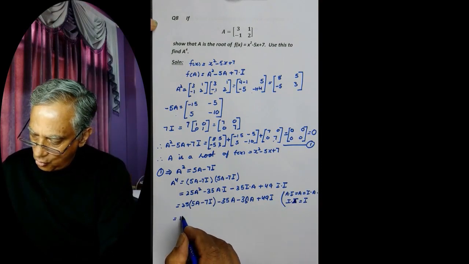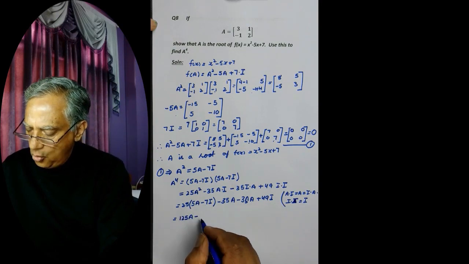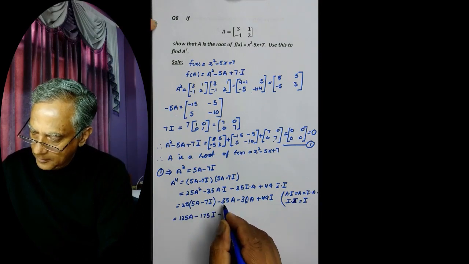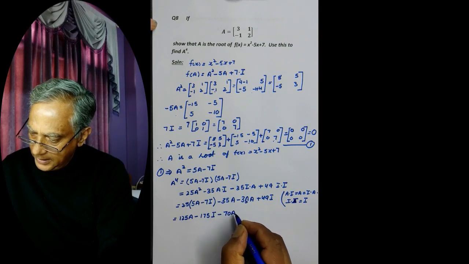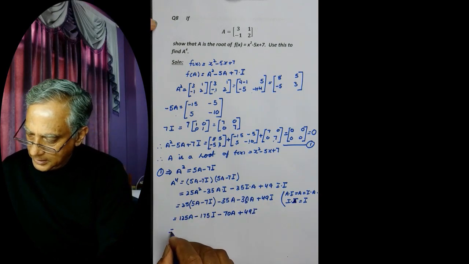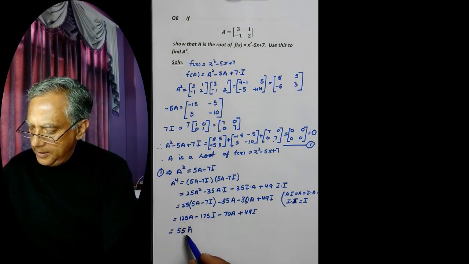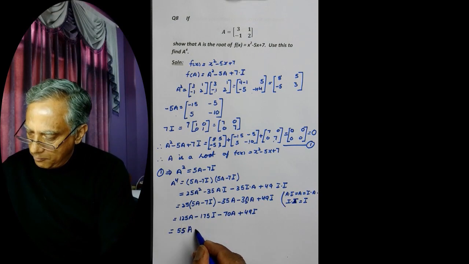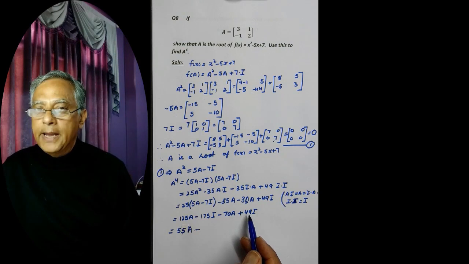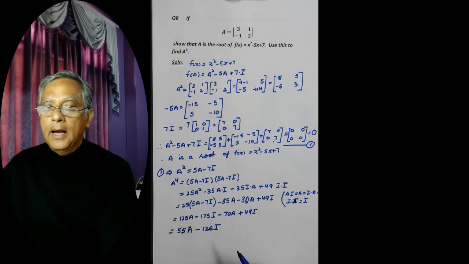This is equal to 125A minus 7 into 25. This is 175I minus 70A plus 49I. This is equal to, now 125 minus 70 is 55A minus, now 175 minus 49. 175 minus 49 is minus 126I.